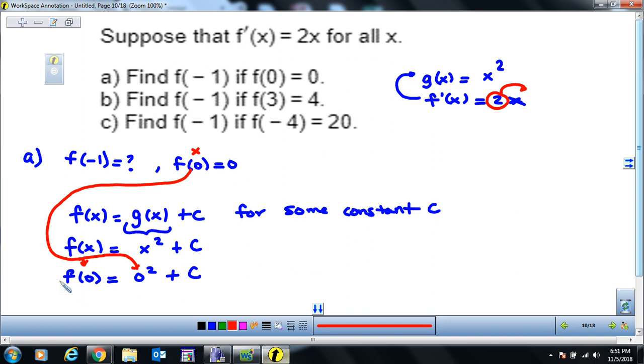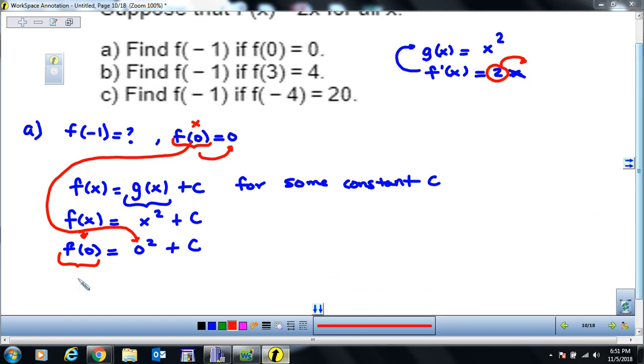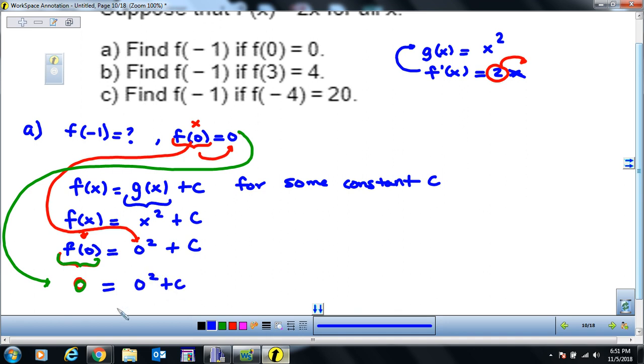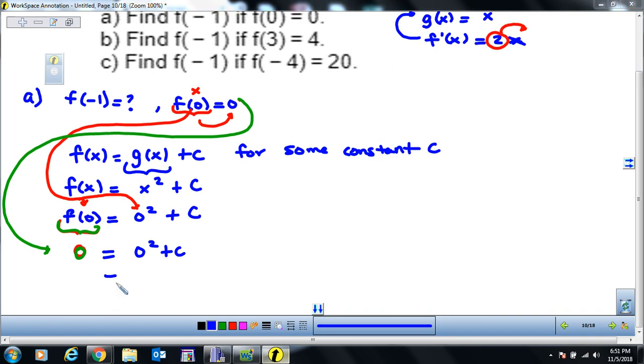In this part, it says here that f of 0 is 0. So that's what you're going to replace with this part. This is 0 from here. Equal to 0 squared plus c, and 0 squared is simply 0, plus c equals 0.